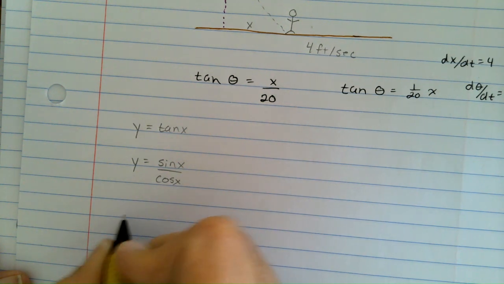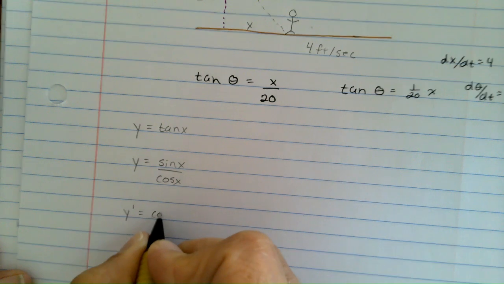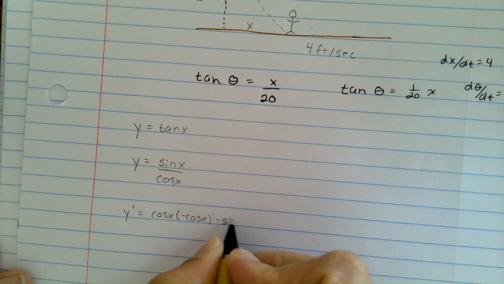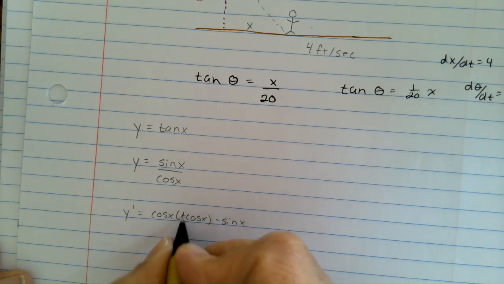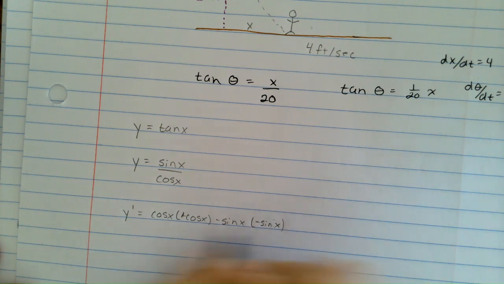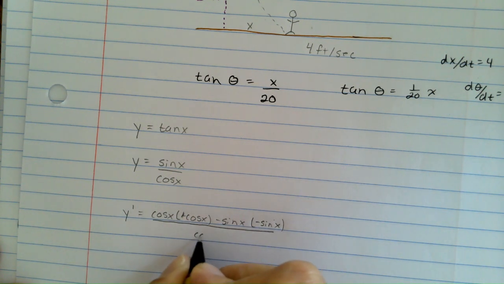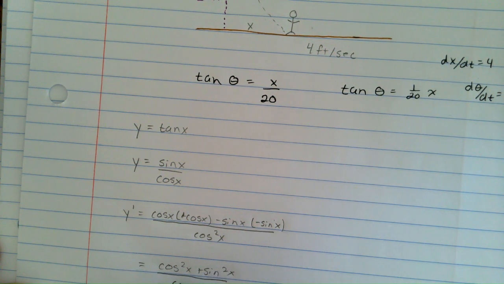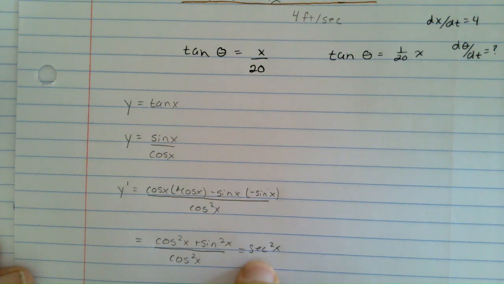Now if I derive that using the quotient rule, low d high minus high, oops, positive cosine, d low, all over the denominator squared. That gives us cosine squared plus sine squared, which is 1. 1 over cosine squared is the same as secant squared. So the derivative of tangent is secant squared.